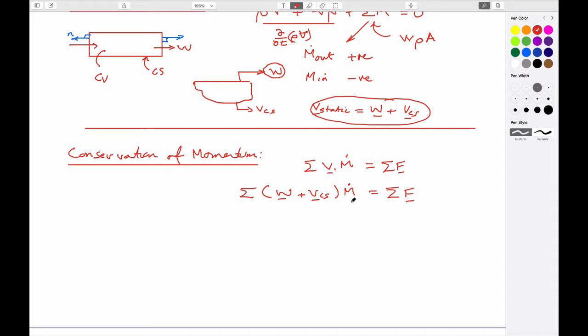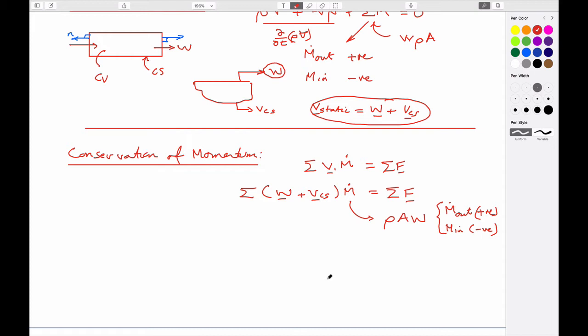And in this, again, the mass flow rate is going to be the density times the area of the surface multiplied by the relative velocity as it goes across that. And the convention for this, again, is the mass rate out is positive and the mass rate in is negative.